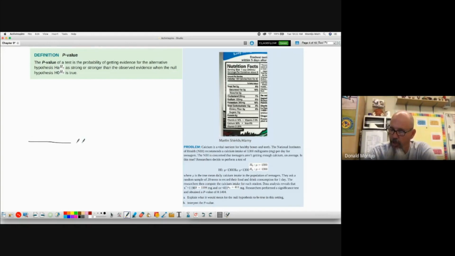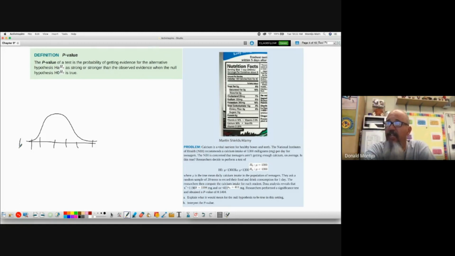We're going to end up drawing our normal curve. We're going to put the null hypothesis as the mean, and we're going to find the standard deviation, 1, 2, 3, 1, 2, 3. We're going to do our z-score calculations. We're going to look it up in a table, and we're going to find if the null is true, what is the probability of finding a result such as the result we found? If that probability is low, then I don't believe the claim. If that probability is high, then I do not have enough evidence to not believe the claim.